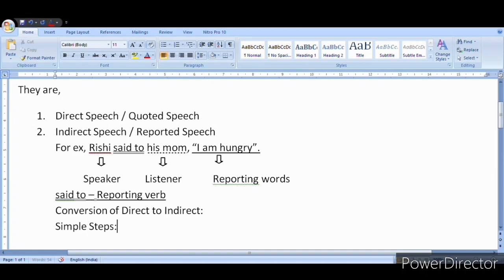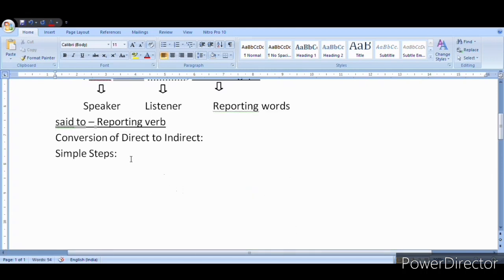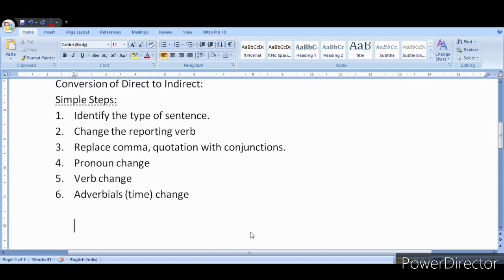These are the simple steps to make the conversion much easier. First, you have to identify the type of sentence. We will discuss it later, okay? Number two, you have to change the reporting verb. Number three, replacing the comma and quotation marks with conjunctions, that is linkers.